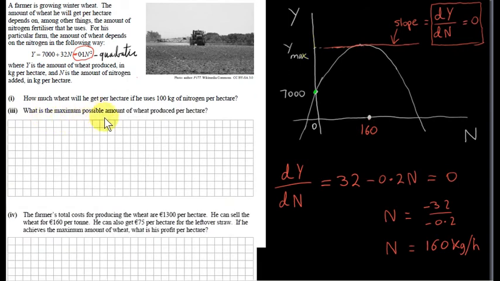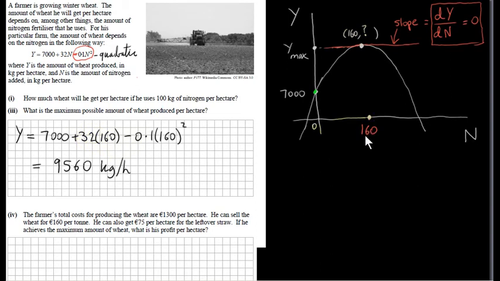In the next question, we want the maximum possible amount of wheat produced per hectare. So basically, we want to find the value of y, which corresponds to n equals 160. So we want the coordinates of this point. We want the y coordinate of this point. Well, this is a point on the graph. So if it's a point on the graph, the equation of the graph has to be satisfied by it.